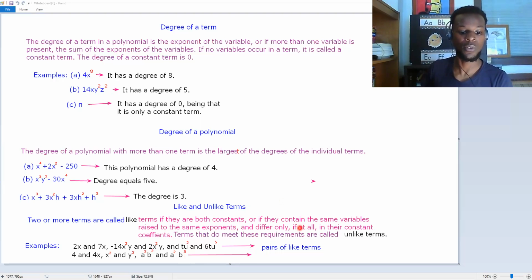Now, even though the same letters and the same numbers for exponents are used here, they are matched differently. The third power belongs to the a in the first term, but the third power belongs to the b in the second term. So therefore, these are unlike terms.